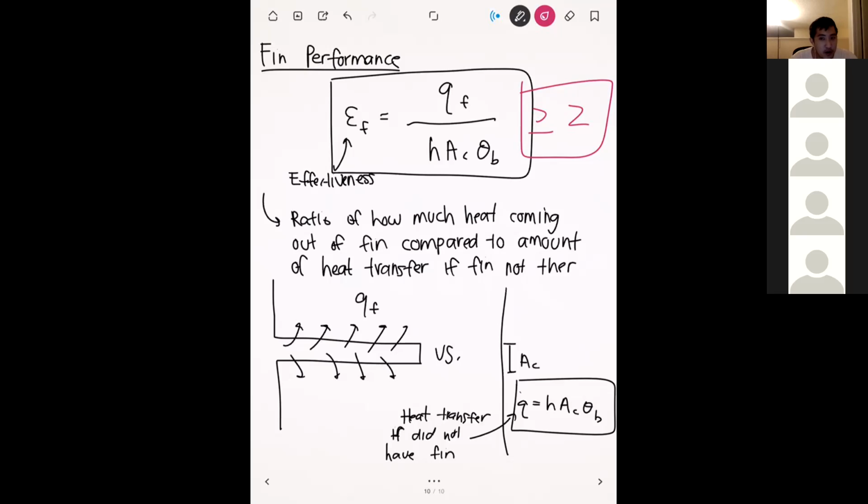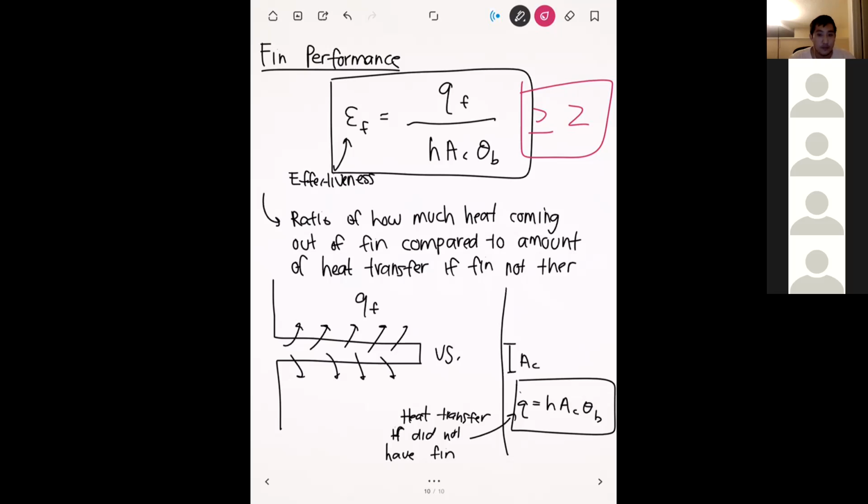A car radiator is another big example. Another would be a refrigerator. Anytime you want to enhance heat transfer to a moving fluid, most of the time air but sometimes water, like in a submarine or a boat, you're going to construct a fin.